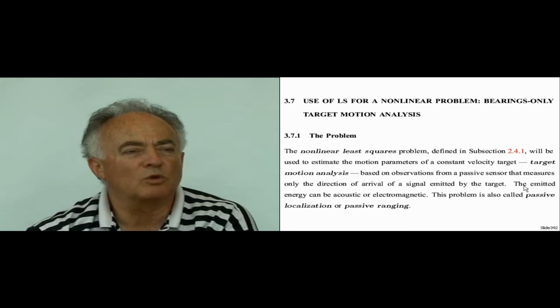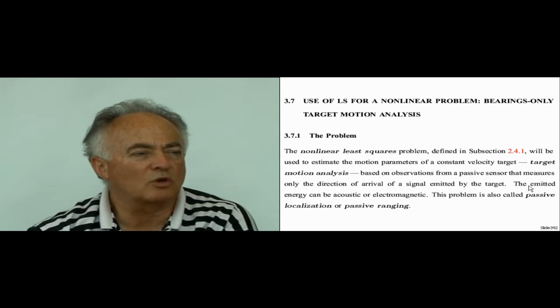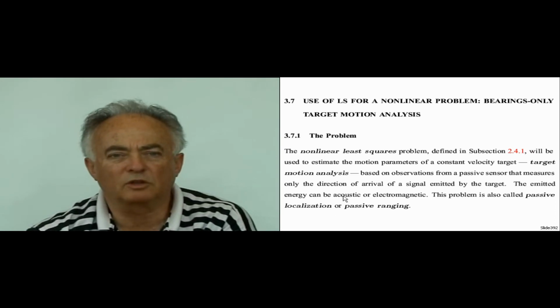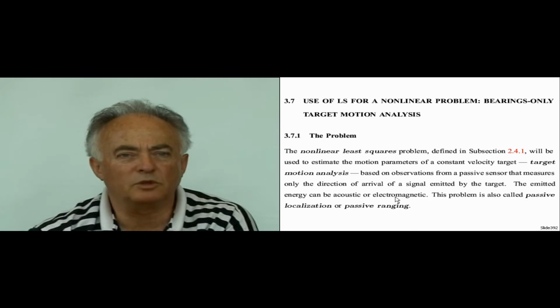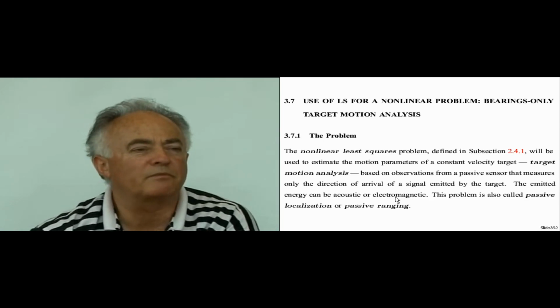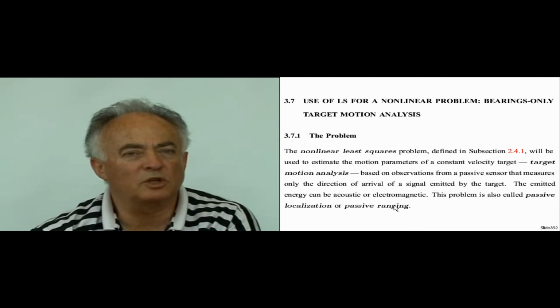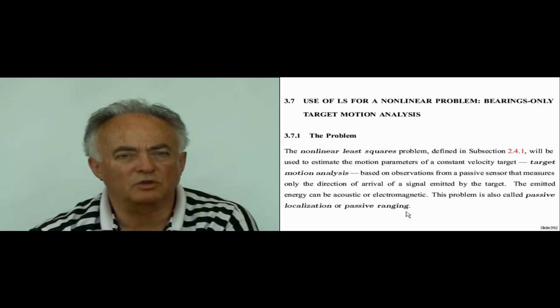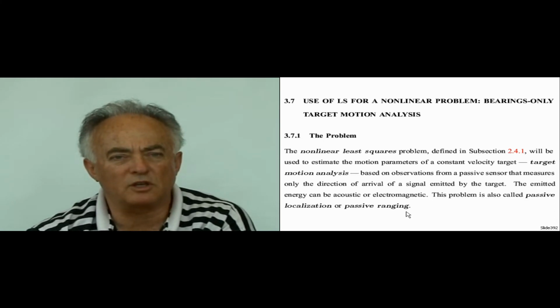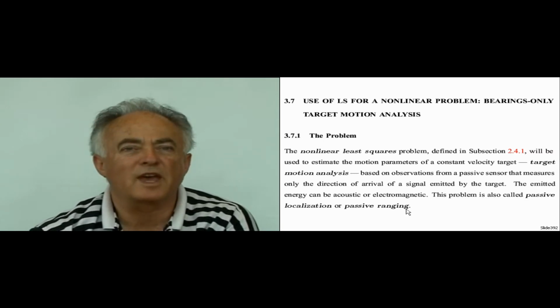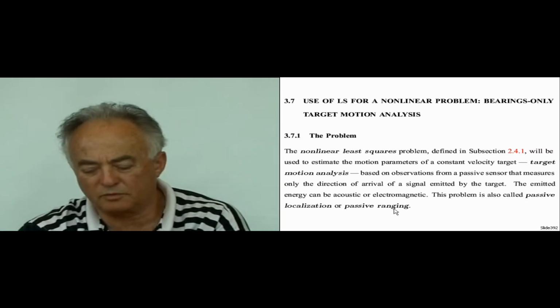So in most cases the emitted energy is acoustic, in other cases it is electromagnetic. You have a moving platform which emits some kind of a signal. So this is really called passive localization or passive ranging, because what you observe are angles, direction of arrival angles. You don't know the range. You want to infer the range based on a collection of such passive angle-only observations.